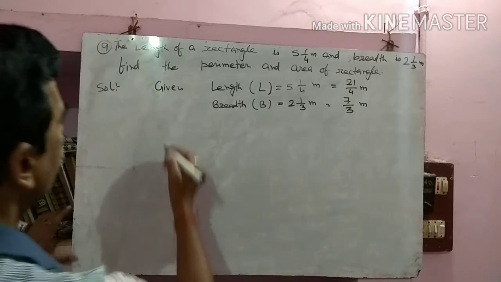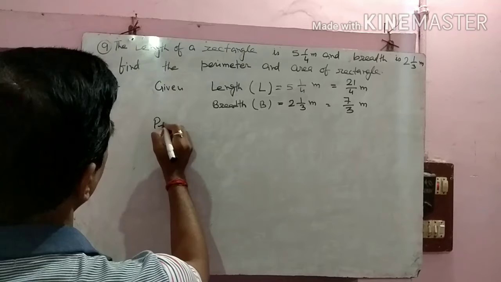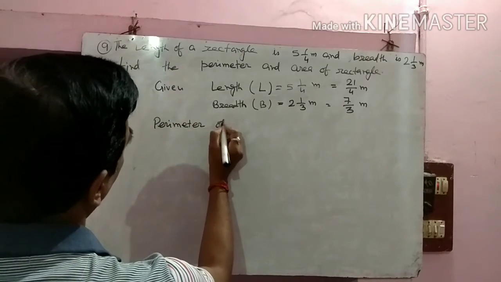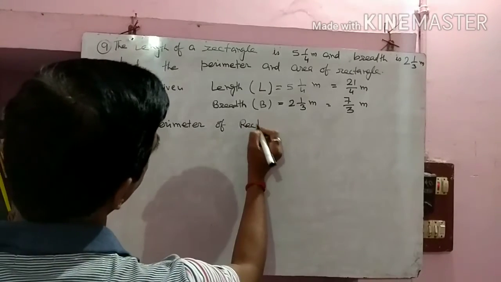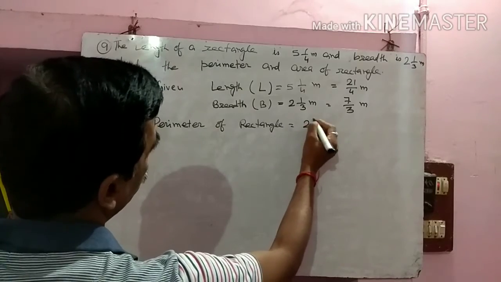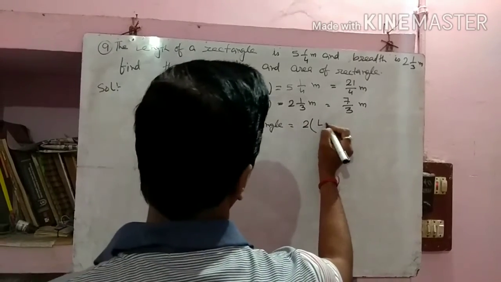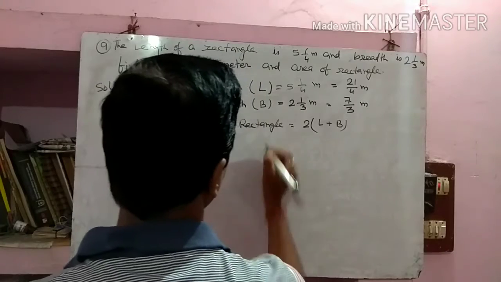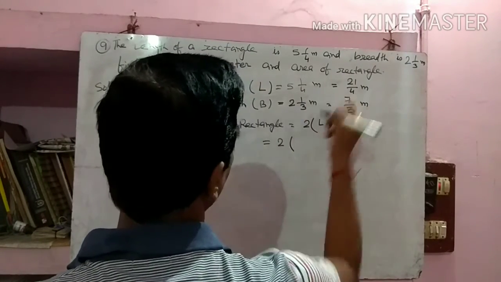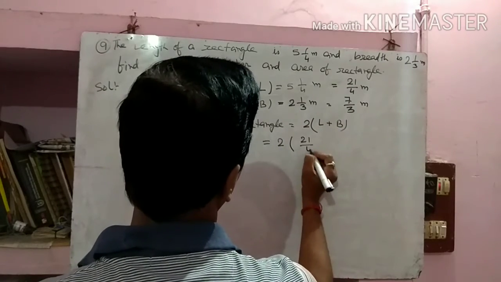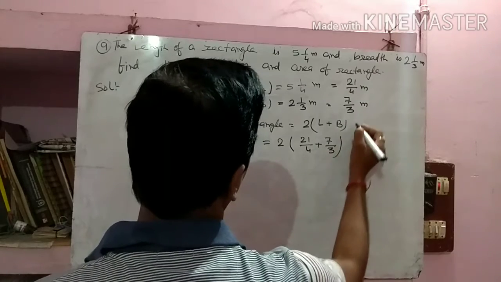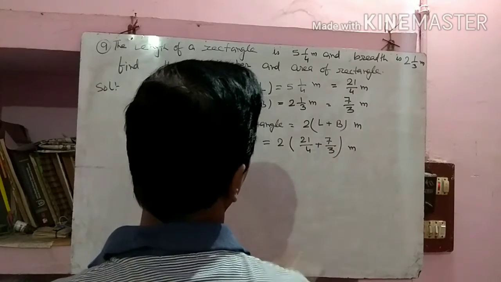Then as you know, the perimeter of a rectangle is equal to 2 in bracket length plus width. So just write 2, and length is given 21 by 4 and width is given 7 by 3, and the unit is meter.